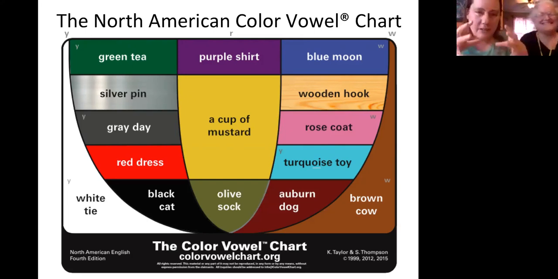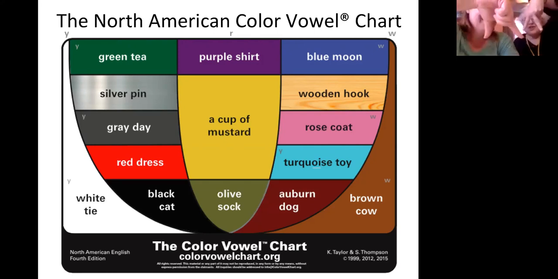We can be in the center with schwa, and basically convey to students through their bodies that they move from a resting place in the mouth, in a schwa position, out into color and into the stressed location. So with a cup of mustard, the first and the last of a cup of mustard are representing schwa. And the vowel in cup and in mustard is the turned V, which is the official name of it.